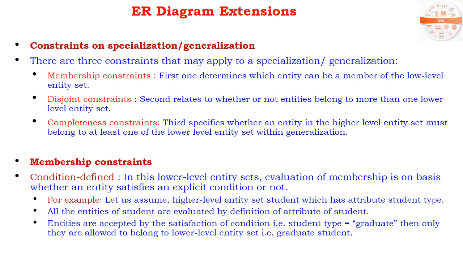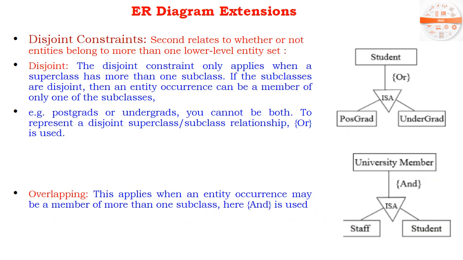All the entities of the student are evaluated by the definition of the attribute of student. The entities are accepted by the satisfaction of the condition, that is, student type equals graduate. Then only they are allowed to belong to the lower level entity set, that is, the graduate student.